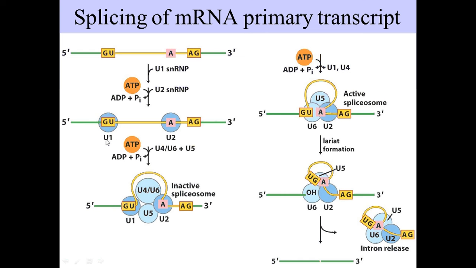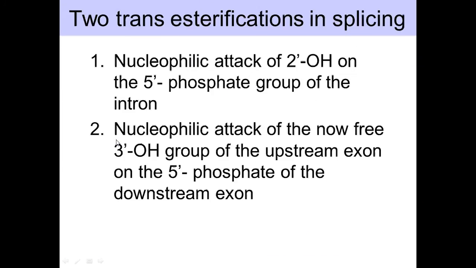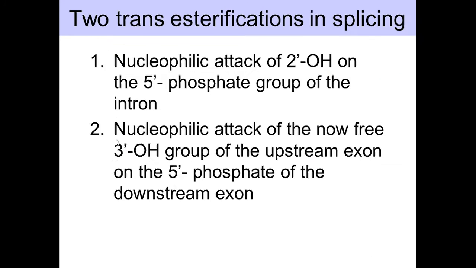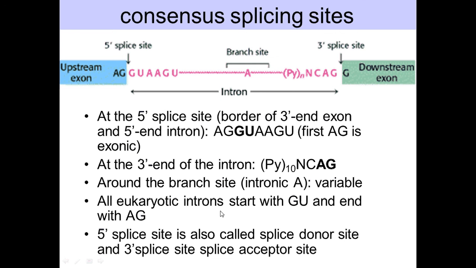So 1 is at the donor site, I think. Yep, the 5 prime donor site is U1, and in the branch site we have U2.